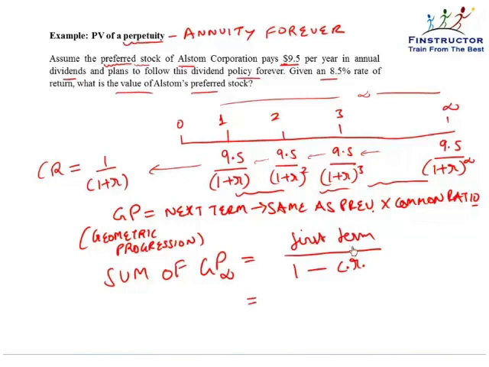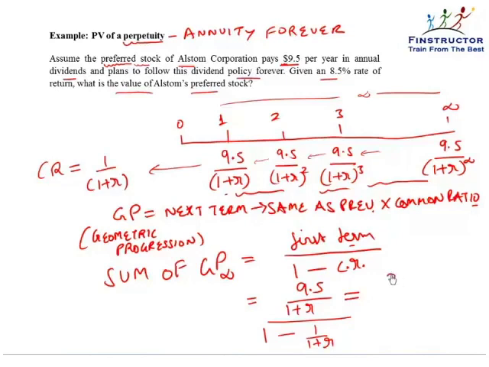The first term of our series is 9.5 upon 1 plus r, and we just analyzed the common ratio as 1 upon 1 plus r. So the sum of this GP would be first term upon 1 minus the common ratio.